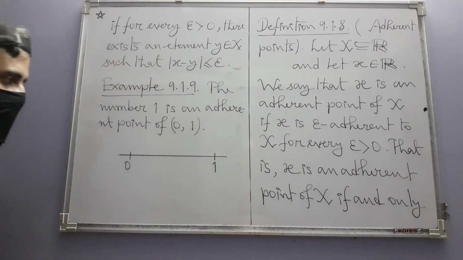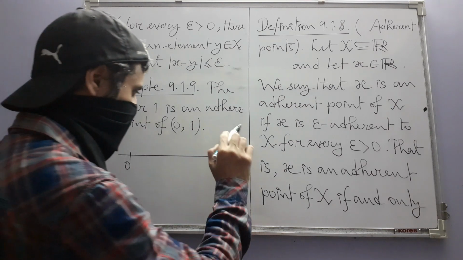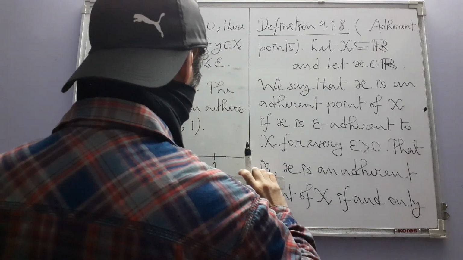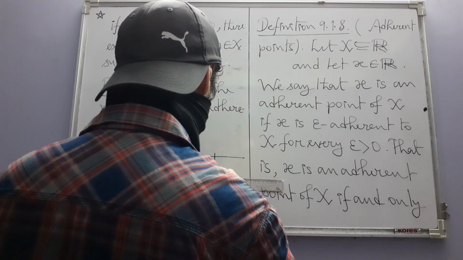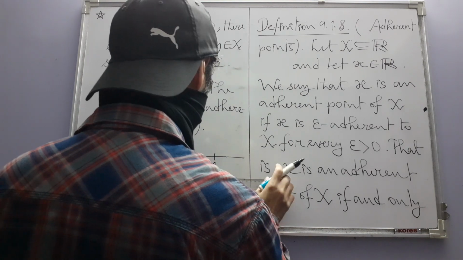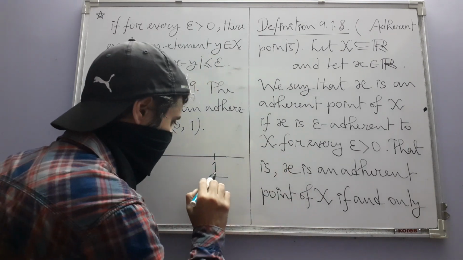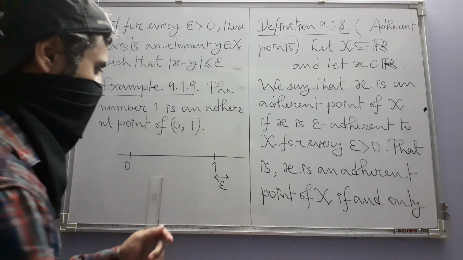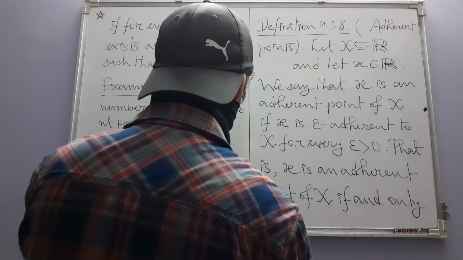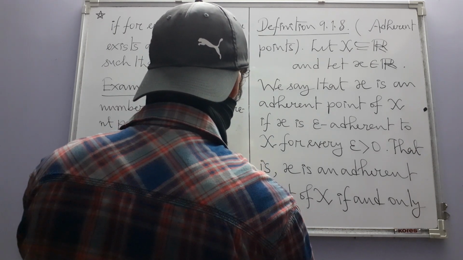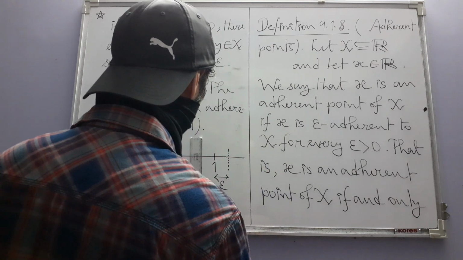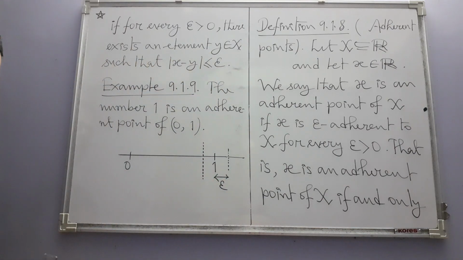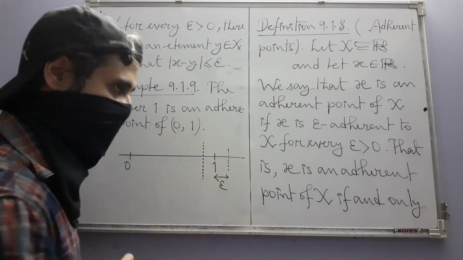Now say you choose your epsilon very small. Say you choose this much to be epsilon. Suppose this distance is epsilon. Then correspondingly, on either side of 1 you have these lines marked out that represent this distance.